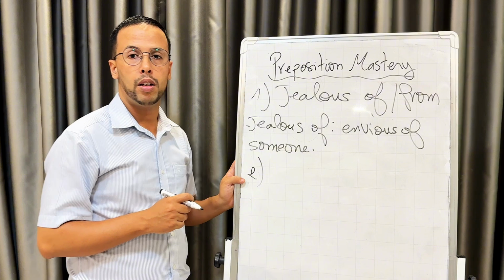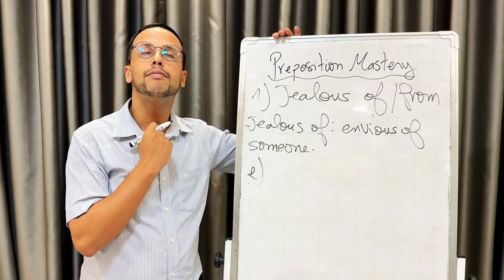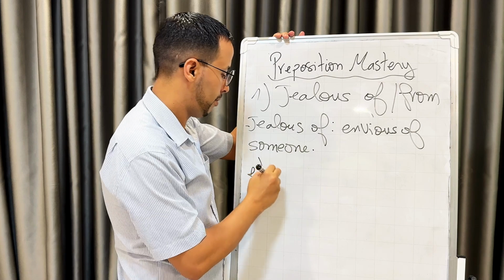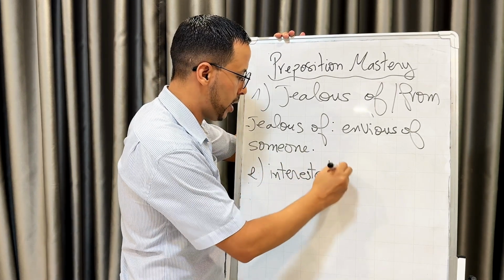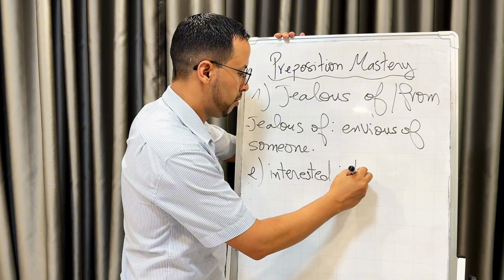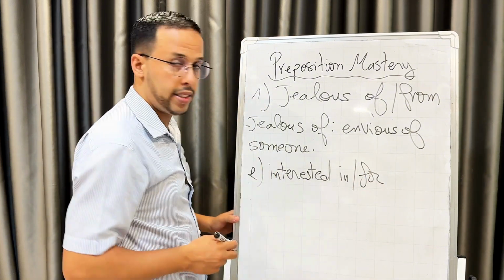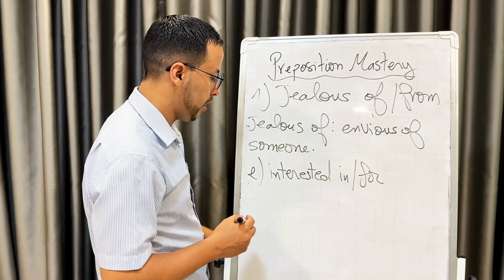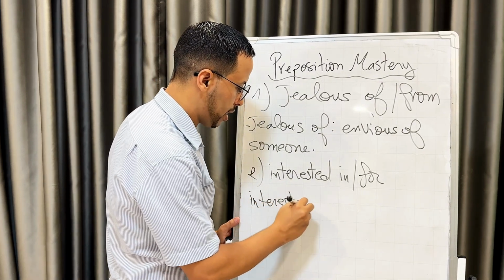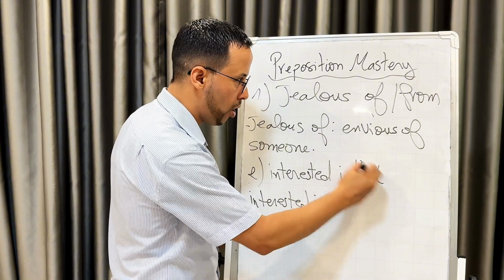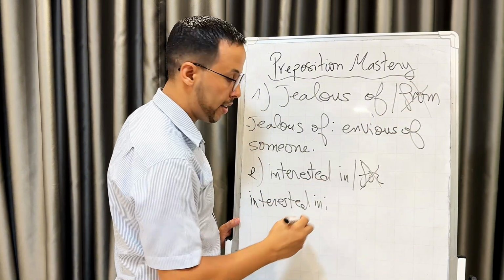Remind me, please. What was the first one? Interested in. Not interested for. We said we use interested in. Interested in, never for, never from. When?